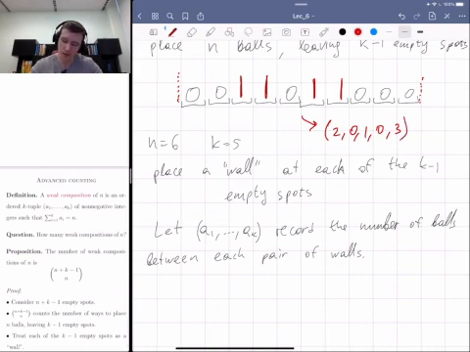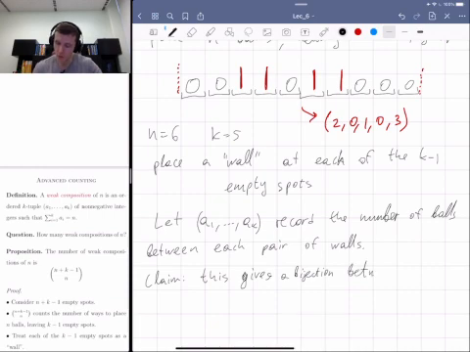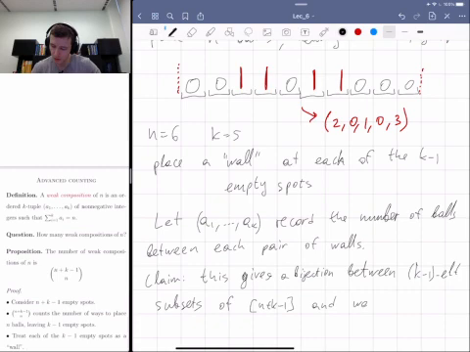And the claim is that this gives a bijection between k minus 1 element subsets of bracket n plus k minus 1 and weak compositions of n.